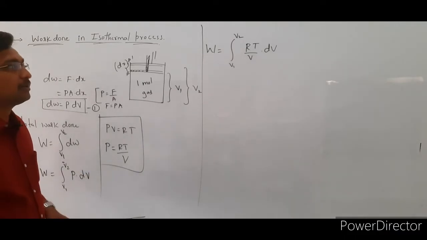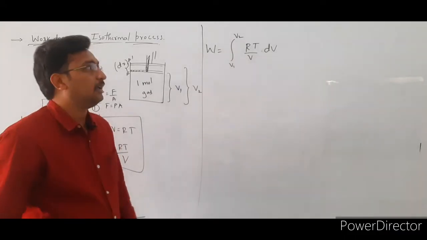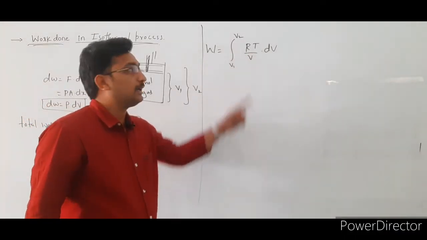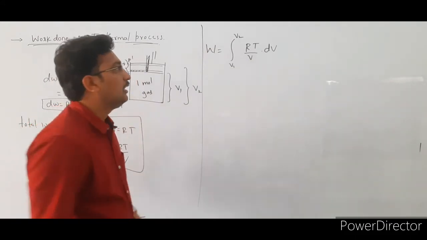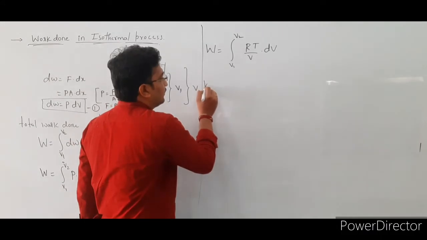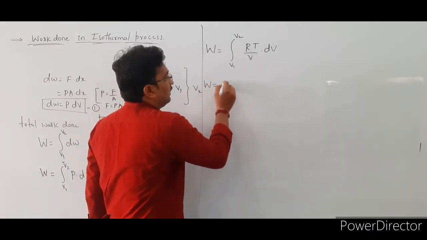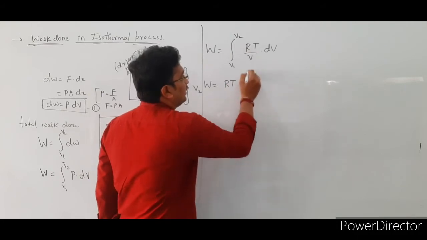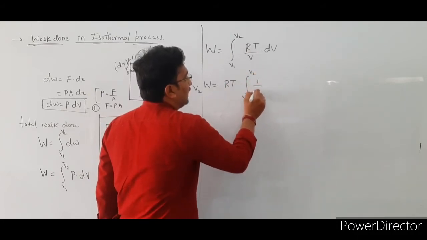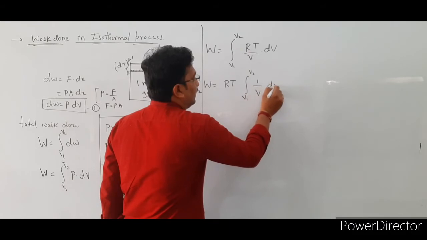In isothermal process, the temperature is constant. Here temperature is constant, and capital R is the universal gas constant. It is also constant. Take these two terms outside. Then total work done is equal to R into T, integration from V1 to V2 of 1 by V with respect to dV.